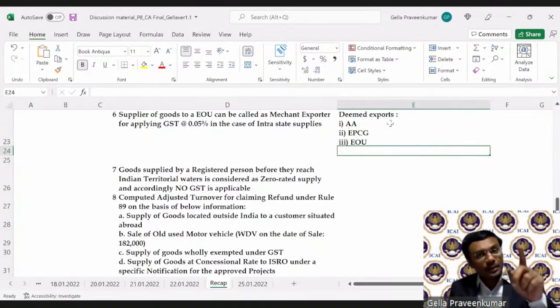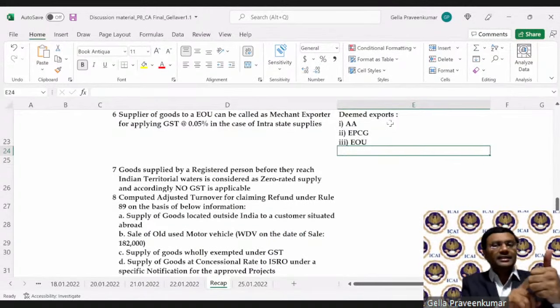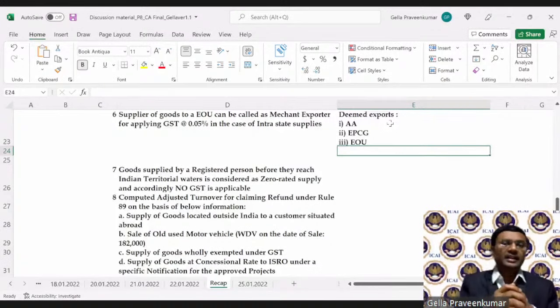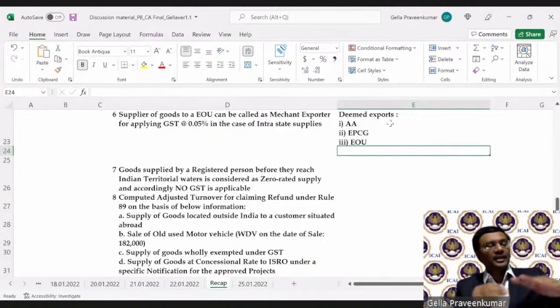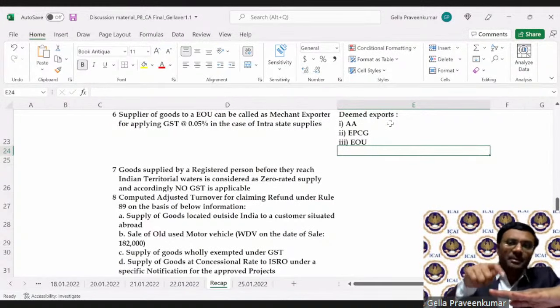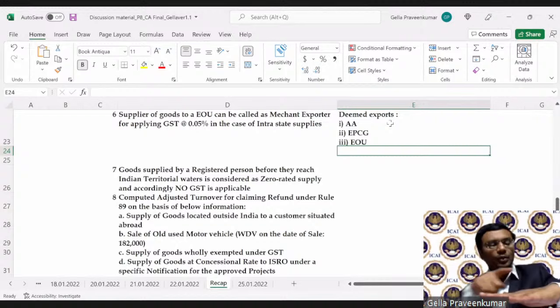Now, merchant export is a mechanism where the supplier supplies the goods to a person who exports those goods out of India. The other day, we had a discussion where Naveen is a person who is registered in the state of Kerala. Naveen doesn't have a nexus in UAE. Namita is one person who happens to have a business connect in UAE. So what will Naveen do? Naveen raises the invoice, supplies the goods to Namita.